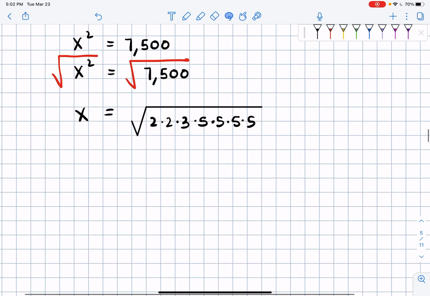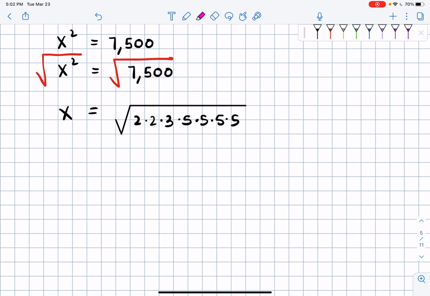All right. So if that's the case, my index is a 2. So I have a pair here, I have a pair here, and I have a pair here. There we go. So x is going to equal, I got a pair of 2 that comes out, a pair of 5 that comes out, and another pair of 5 that comes out, leaving me on the inside just a 3.